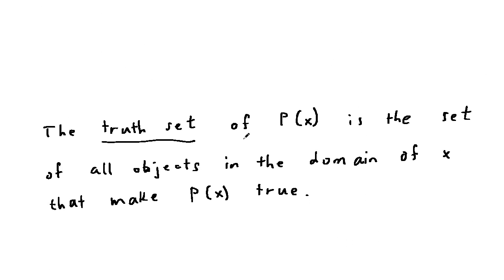The truth set of P of x is the set of all objects in the domain of x that make P of x true. So John would lie in the truth set of P of x, while Sue would not.